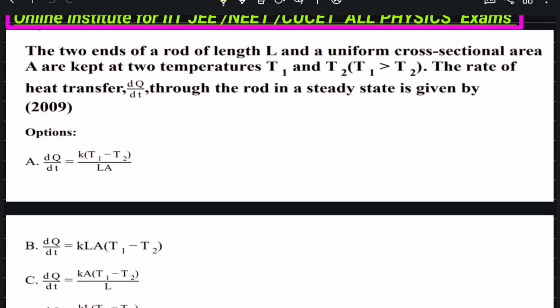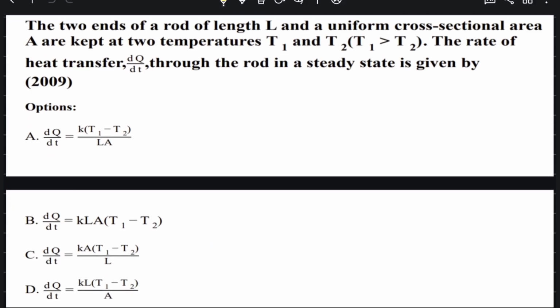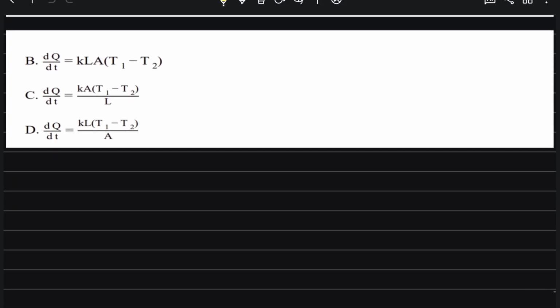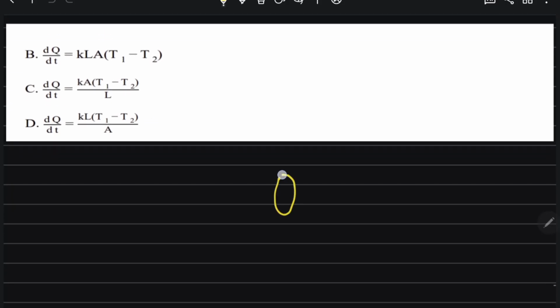This question is also a very good question, 2009. The two ends of a rod of length L and uniform cross-sectional area A are kept at temperatures T1 and T2. The rate of heat transfer dQ by dt through the rod in a steady state is... Suppose this is our rod.